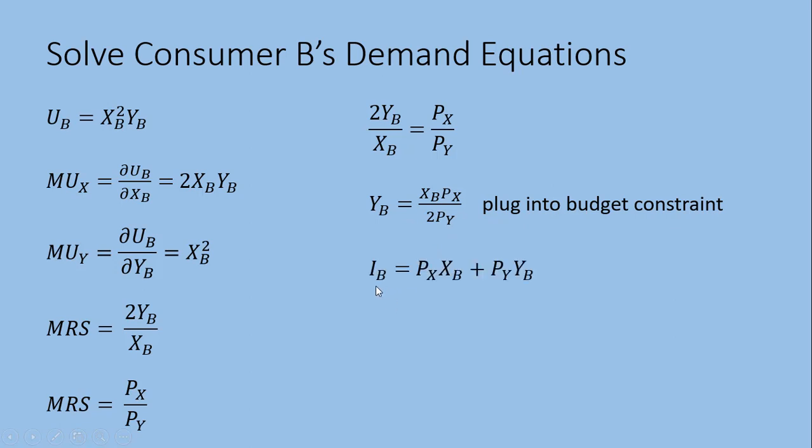I is consumer B's income, so making that substitution here and solving for X subscript B.